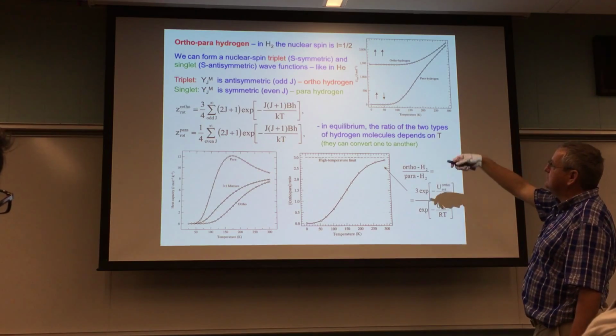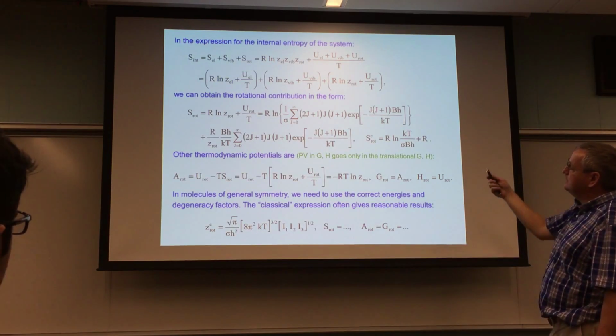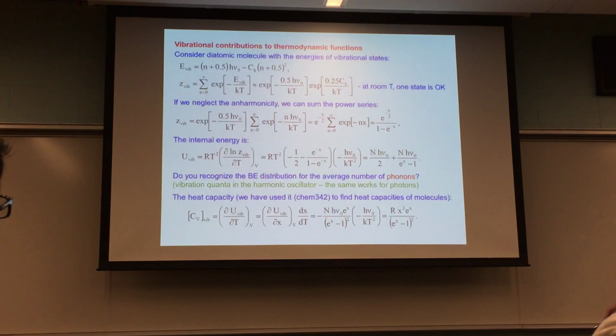So this is the rotational stuff, and then the vibrational is the same. You can again calculate the vibrational states. If you have a harmonic oscillator without the nonlinearity, you can sum it, and what you get is this Bose-Einstein distribution again for a number of vibrations.